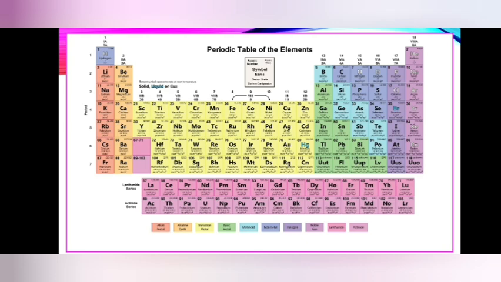Why are the lanthanide and actinide series present below the periodic table, and why are they not placed inside? The reason is simple: the periodic table was made before these elements were discovered. When these elements were discovered, if we arranged them in the places they were meant to be, then the shape of the periodic table would have been disturbed.